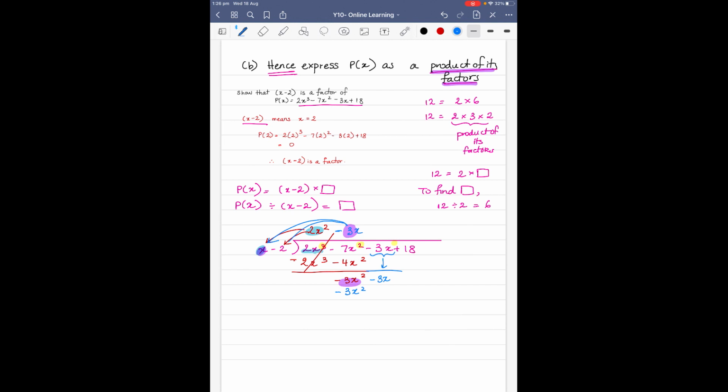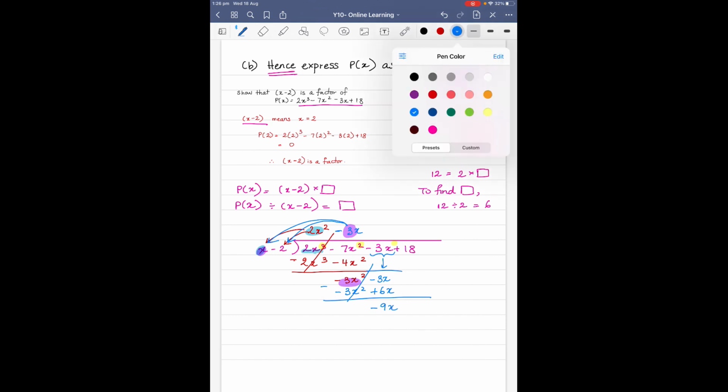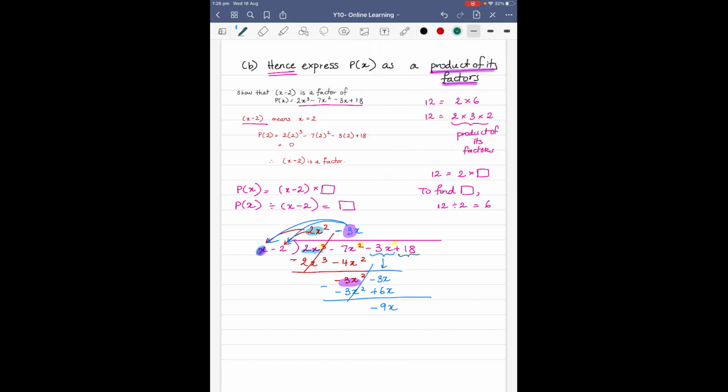Minus 3x times minus 2 is positive 6x. You subtract it to find the remainder. So we have minus 3 minus positive 6, which gives you minus 9x. Now you want to bring down the next term, 18.